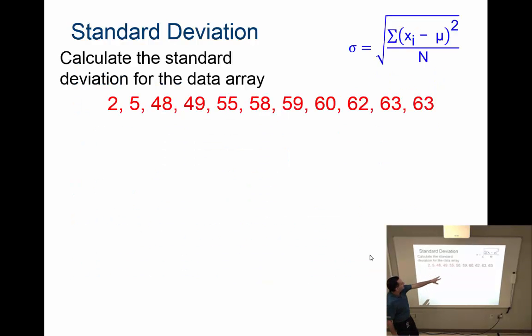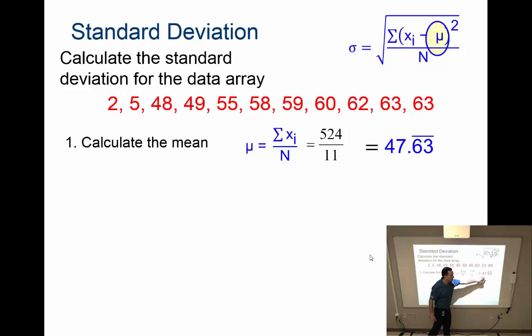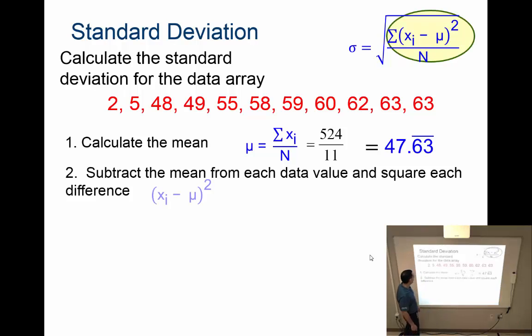So using this data set as an example, let's go through the process of calculating standard deviation by hand. Calculating the mean first would be adding each of these up and then dividing by the total. So I have 11 data points, 524 divided by 11 is 47.63. I'm not going to round any of this until we get to the very end. We talked about the rules for rounding. We'll wait till we get to the end.